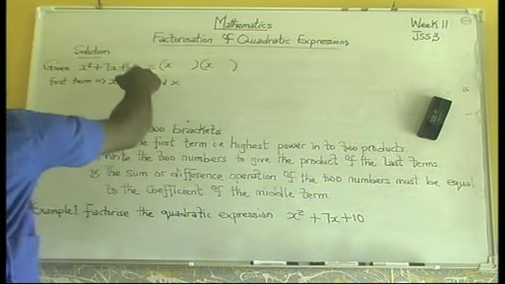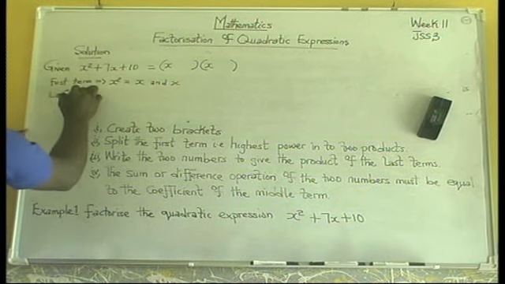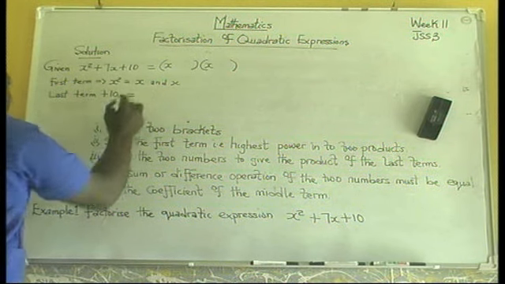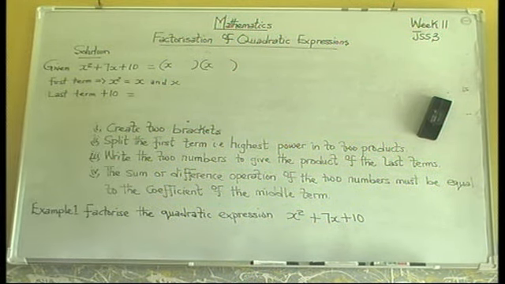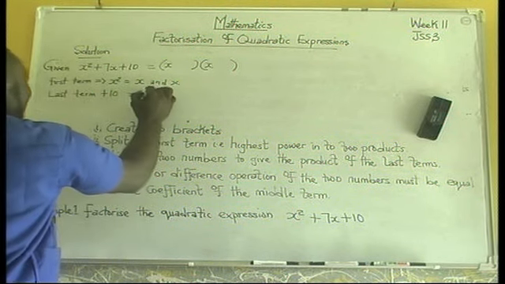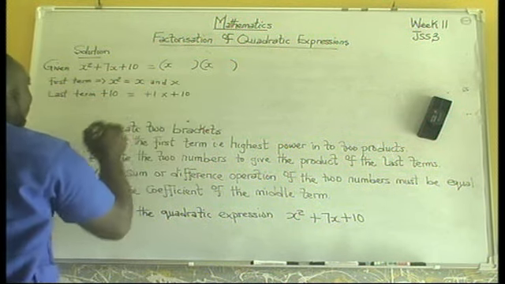Now the last term is plus 10. Let's look for 2 numbers that, when you multiply them, give us plus 10. Let's check plus 1 times plus 10.